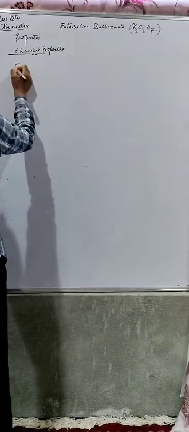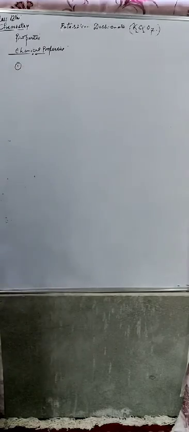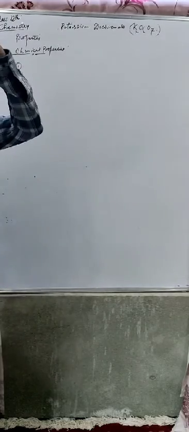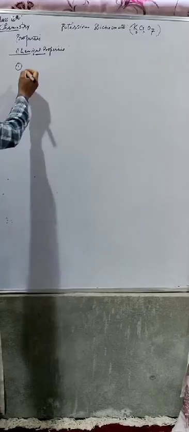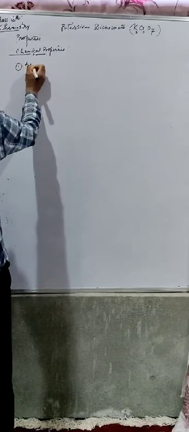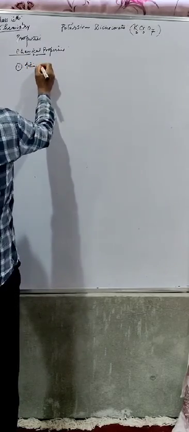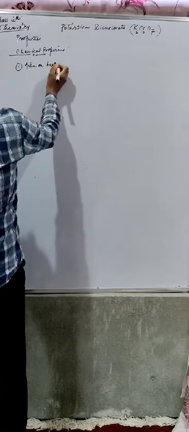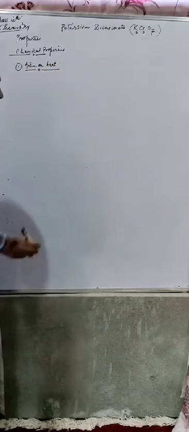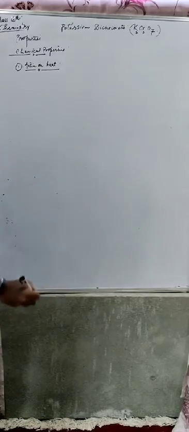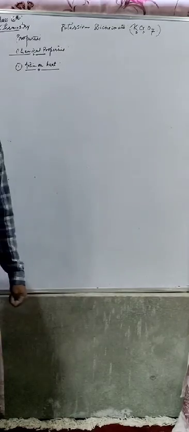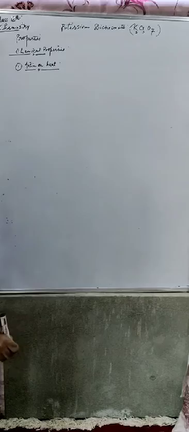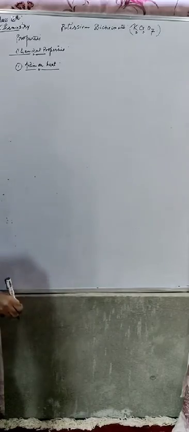The first chemical property is action on heat. On heating, potassium dichromate decomposes and forms potassium chromate.